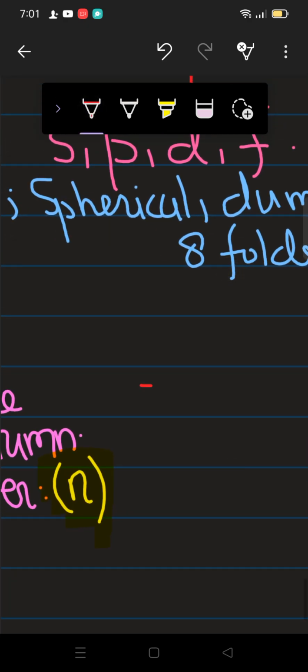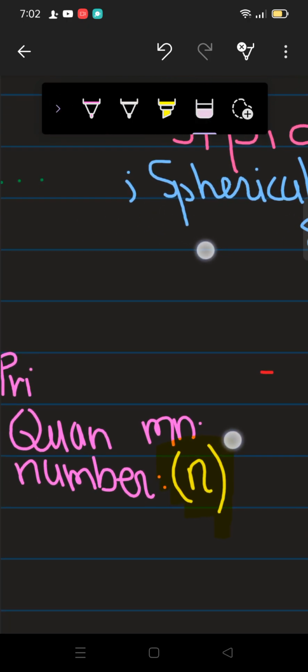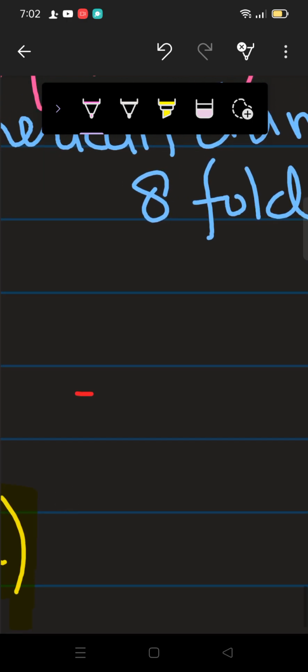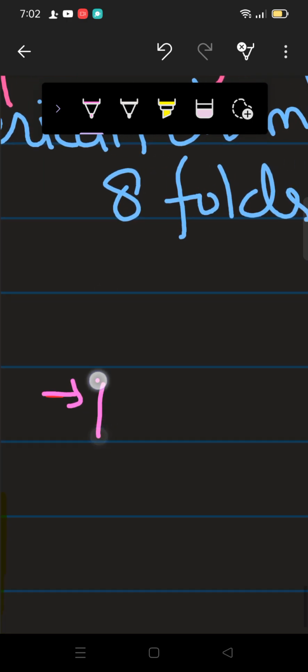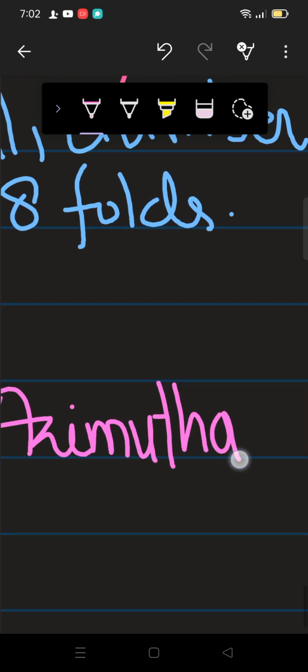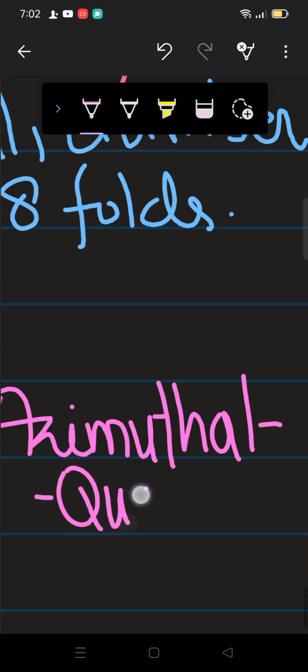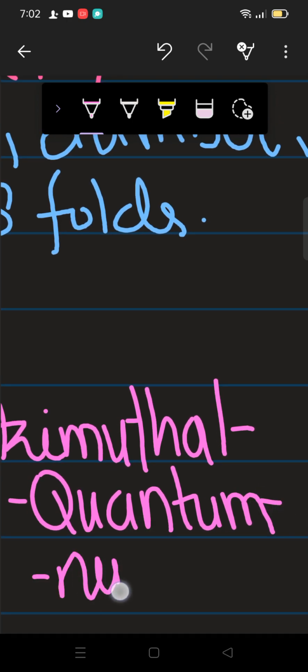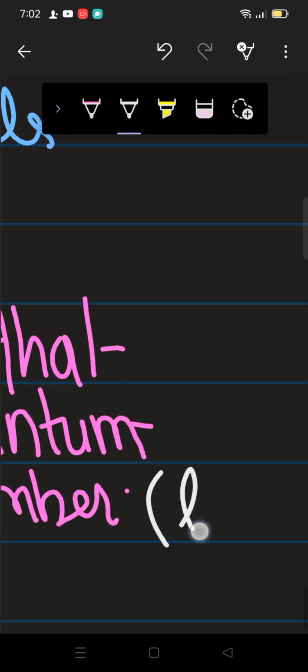Then we discussed the azimuthal quantum number, which is of course represented with the letter L.